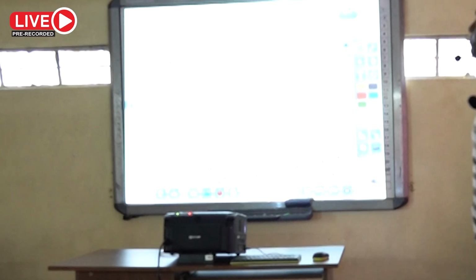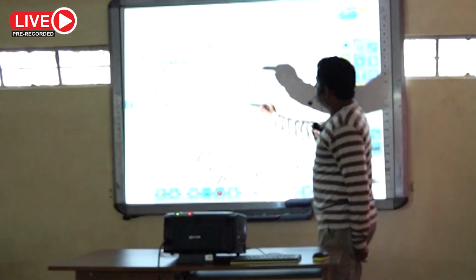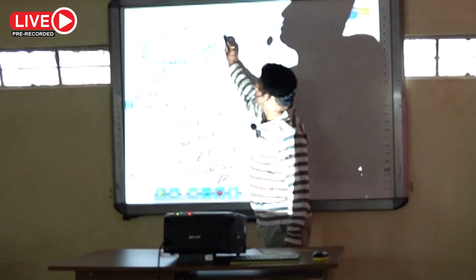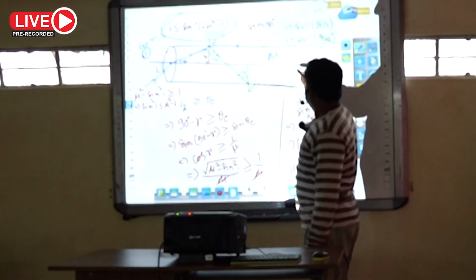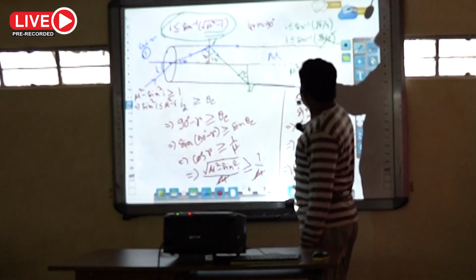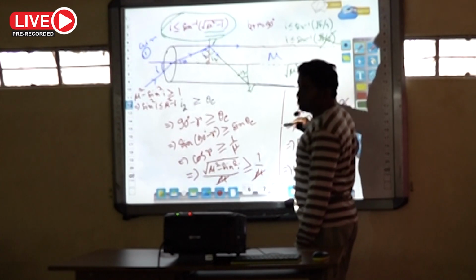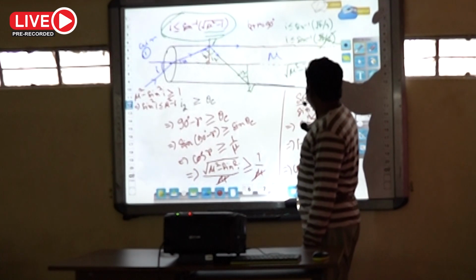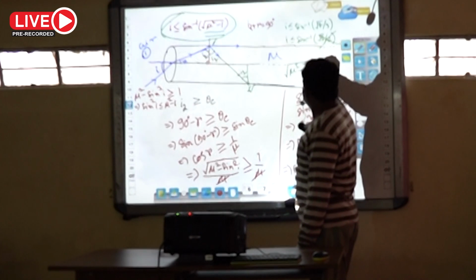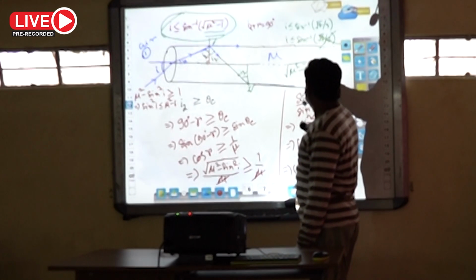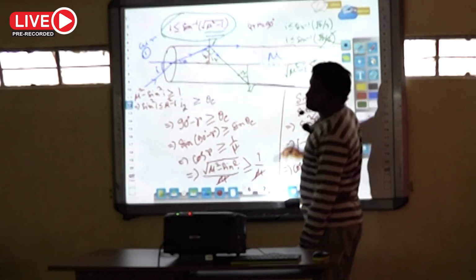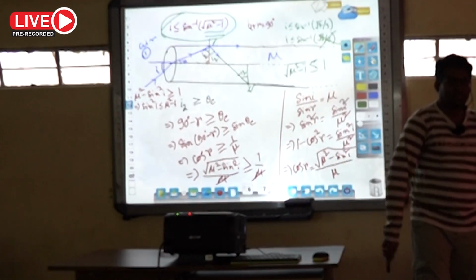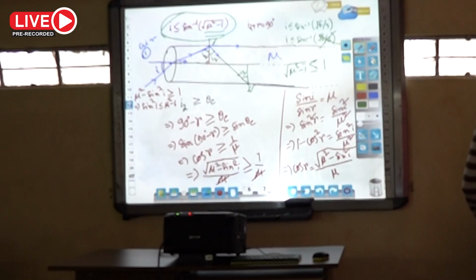You can find it directly from this formula, because this formula is valid only when root of mu square minus 1 gives a value less than or equal to 1. Because in that case, sine inverse of a value less than or equal to 1 you can find. Sine inverse of a value greater than 1 is not possible.